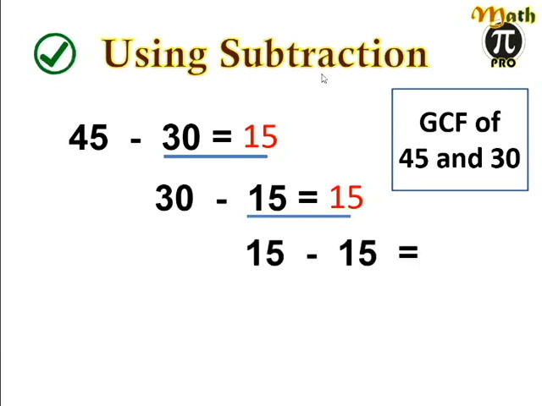Then we subtract again 15 minus 15. And then you'll get 0. Since the last number that you subtracted is 15, then the GCF is 15. You can try this, guys. You use the other two methods and you'll get the same answer. GCF of 45 and 30.